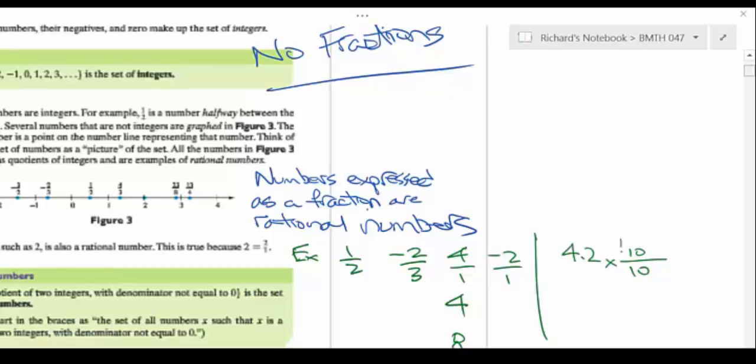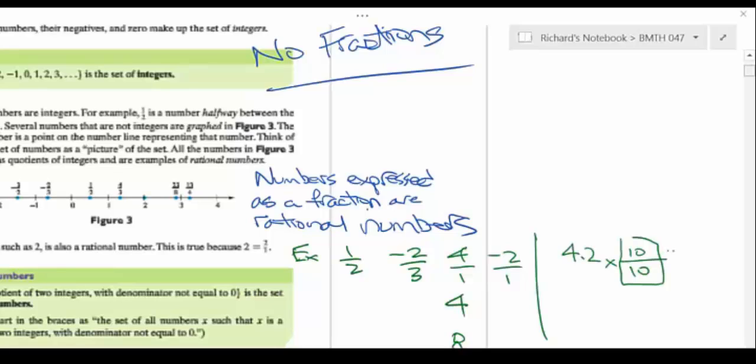Notice what I've got happening here: I've got 10 divided by 10. Anything divided by itself is 1, so I haven't really changed anything. I'm multiplying 4.2 by effectively 1. All I'm doing is modifying this decimal and converting it to a fraction.